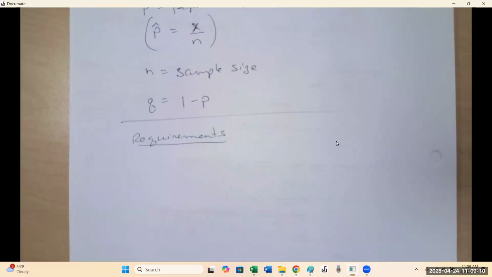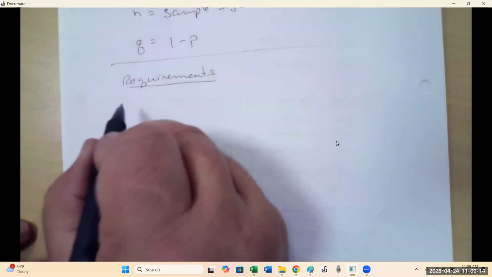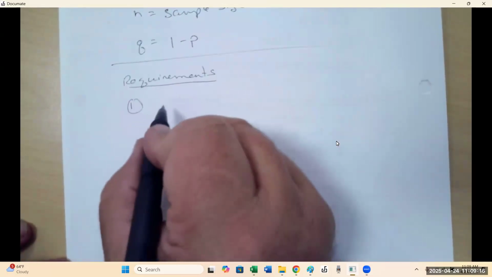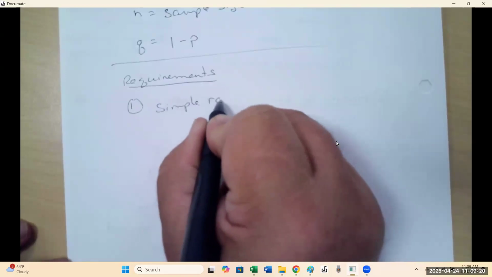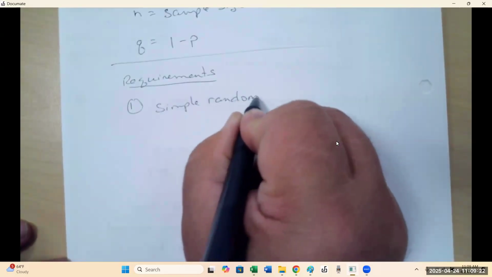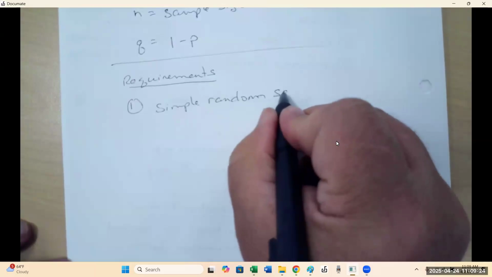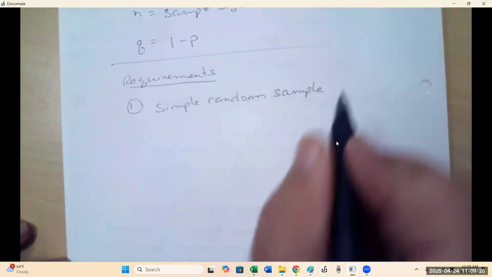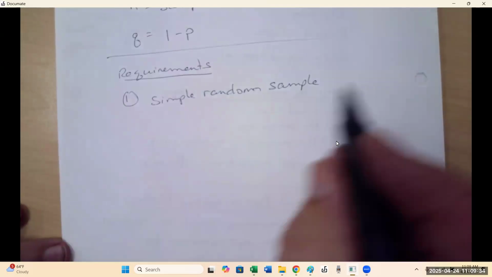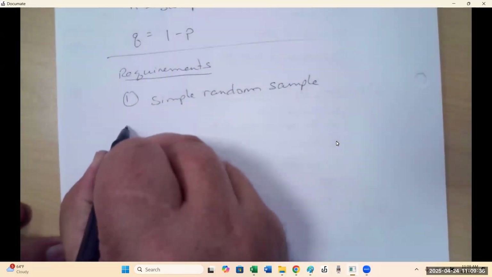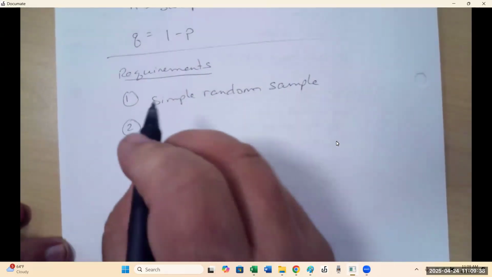Requirements. In order to use this process, we have to have certain conditions that have to be met. The sample has to be created by a simple random sample for your observations, your data collections, or whatever you're doing.